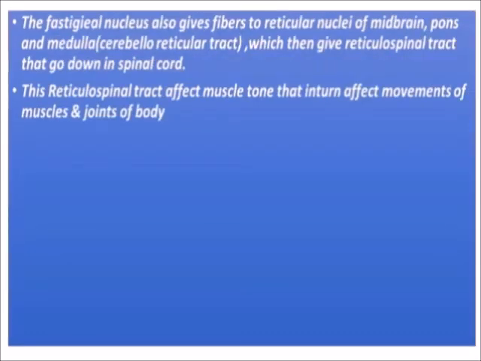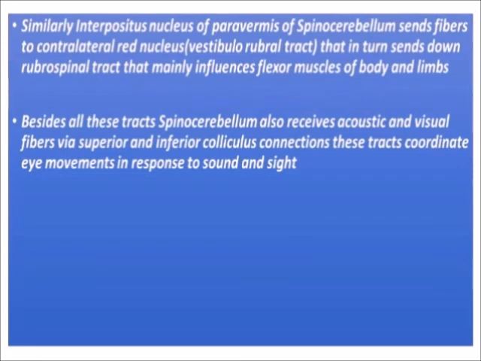The fastigial nucleus also gives fibers to reticular nuclei of the midbrain, pons and medulla, which is called the cerebello-reticular tract, which then gives the reticulospinal tract from these reticular nuclei that go down in the spinal cord. The reticulospinal tract affects muscle tone that in turn affects movements of muscles and joints of the body.